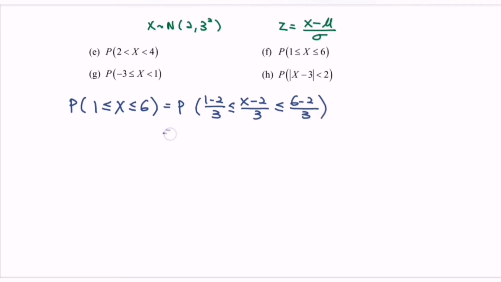Simplify the situation: the probability that z is greater than or equal to 1 minus 2, which is negative 1 over 3, so we obtain negative 0.33, and less than or equal to 6 minus 2, which is 4 over 3, and we obtain 1.33. Next is to refer to the diagram.